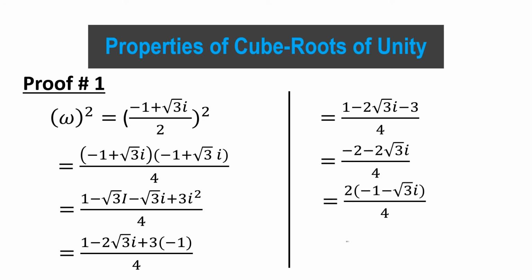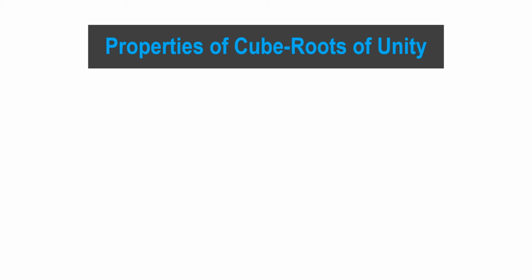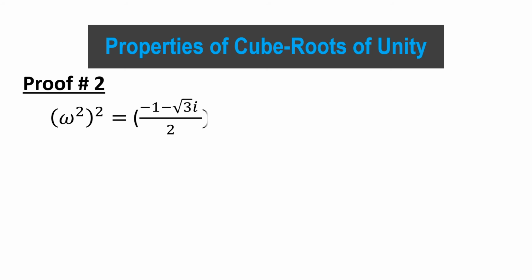Square of omega is equal to square of minus 1 plus square root of 3 iota whole divided by 2. We try to simplify it and get it becomes equal to minus 1 minus under root 3 iota whole divided by 2, which is equal to omega squared.